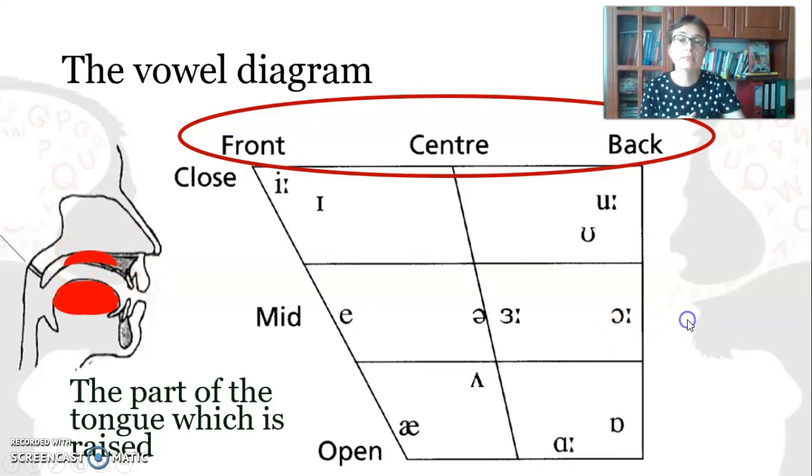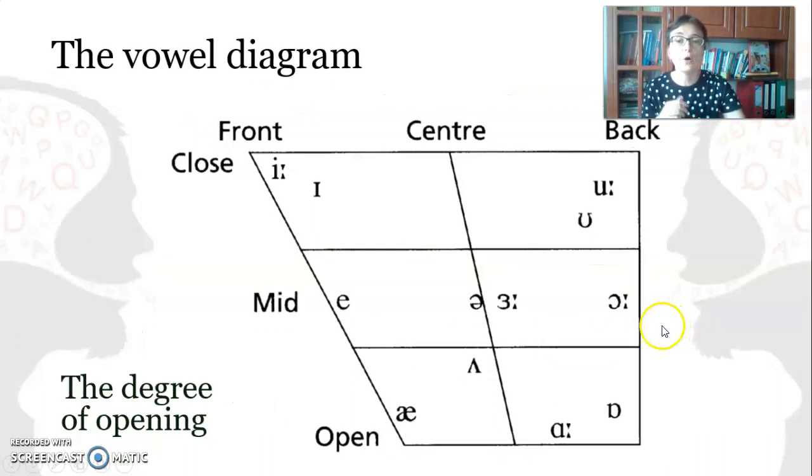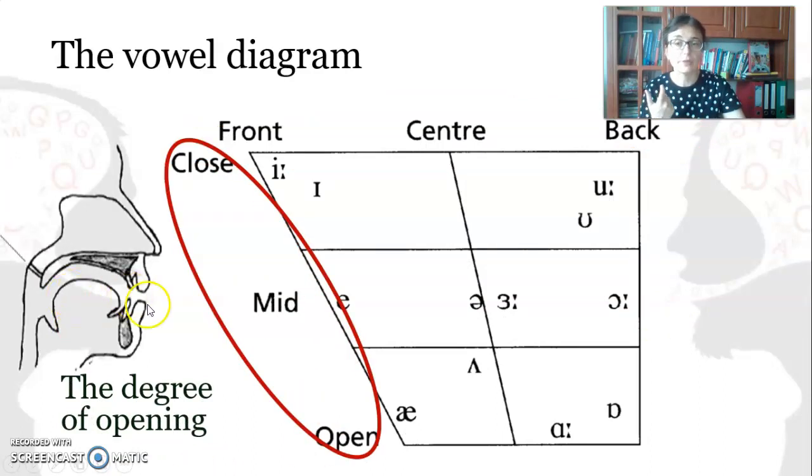Now let's get to the degree of opening of the mouth. According to this degree, we have close, mid, and open vowel sounds. What does this mean? Again, we pay attention to the position of the tongue in relation to the palate. When producing a close vowel sound, the tongue would be at its closest in relation to the palate.